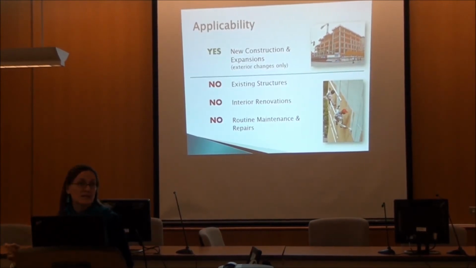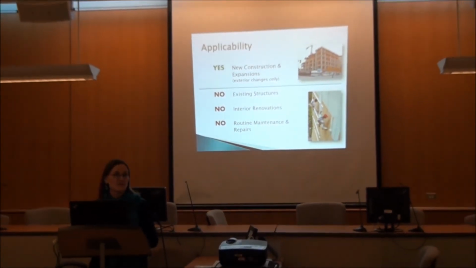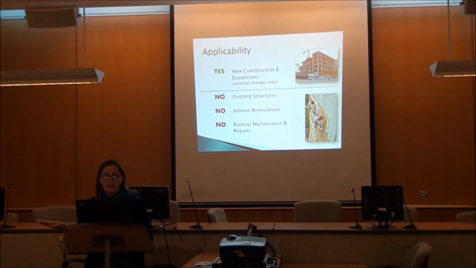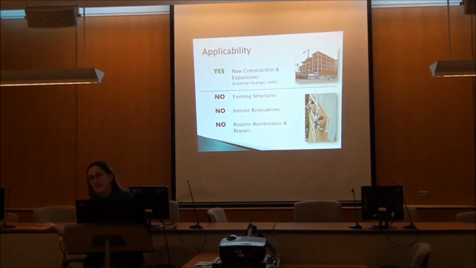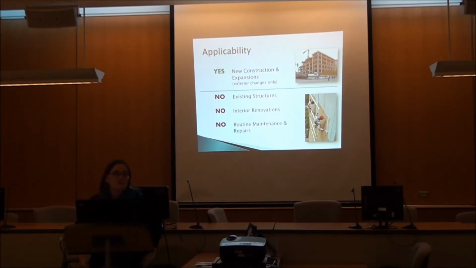If all you're doing is an interior renovation and you're not touching the outside of the building, this code will not apply to you. If all you're doing is routine maintenance, maybe you're replacing the shingles on your house, or you're repairing the roof on top of your commercial building, or you're just replacing windows with basically the same type of windows, those sorts of things, this will not apply to you.